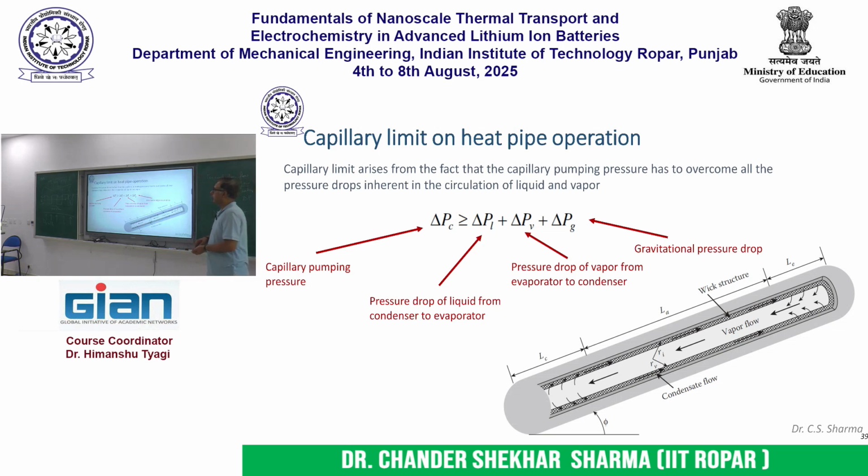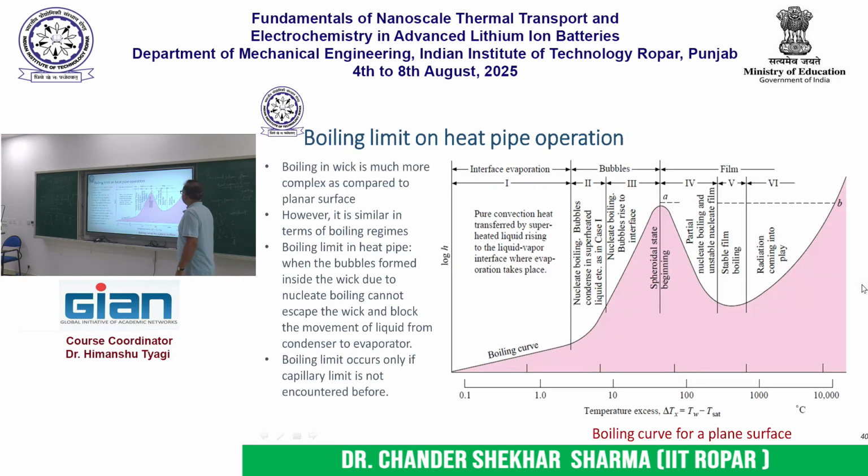This is the most important limit on heat pipe operation, but there are a few other limits that have also been identified, which can sometimes manifest based upon the design of the heat pipe. For example, there is a boiling limit on heat pipe operation. Let us say I have a wick of the heat pipe and at some location boiling starts.